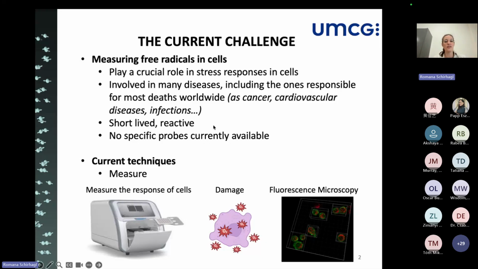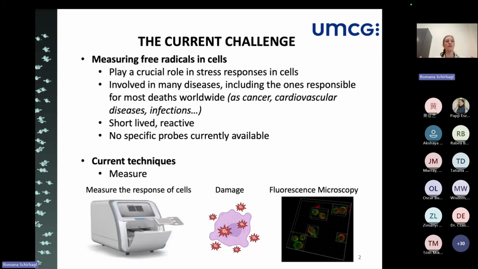But on the other hand, free radicals are short-lived and reactive, which makes it typically something that is difficult to measure and not used as much in the clinic as we would want to. So what can you currently do to measure radicals? On the one hand, we have methods that basically measure not the radicals themselves, but how the cells react to radicals.